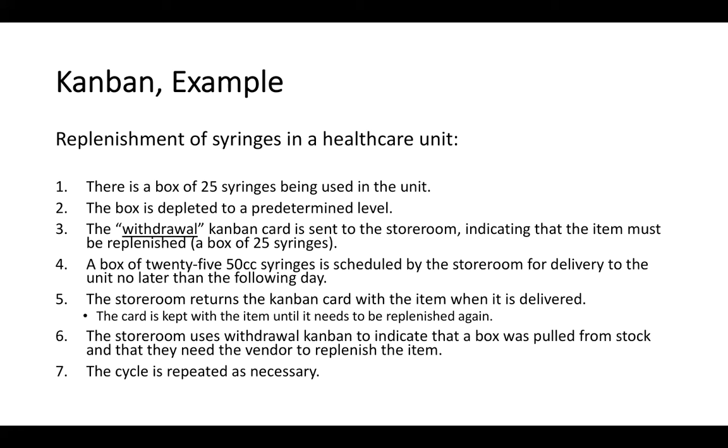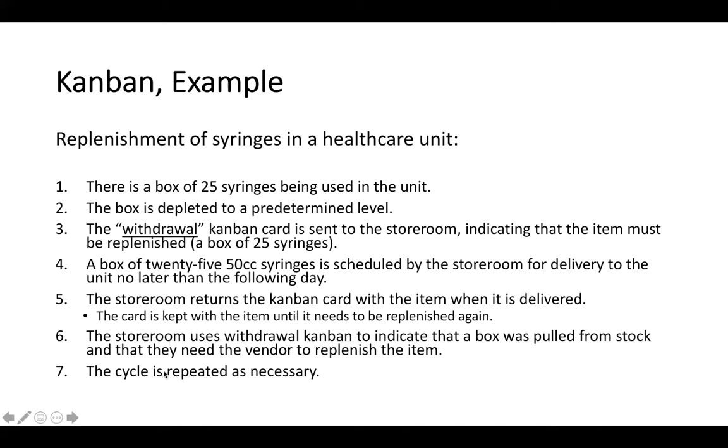So 25 of their syringes are out. So now they need to place an order to their vendor to basically replenish those items in the storeroom. Okay, so storeroom is the one that contacts the suppliers and vendors and gets the items for the hospital.